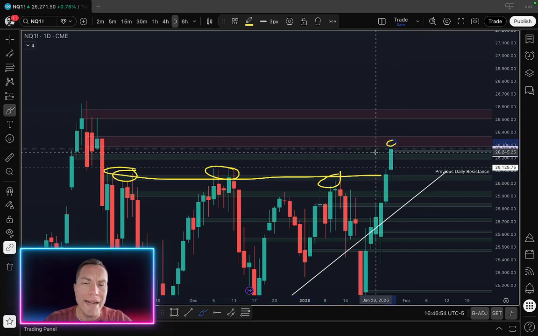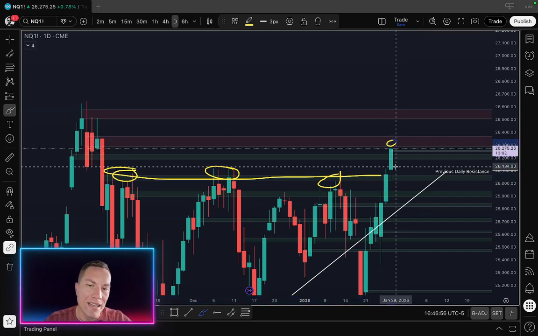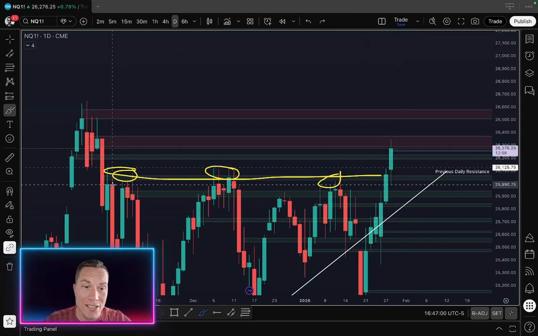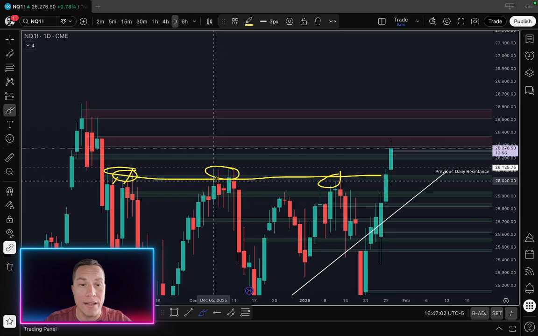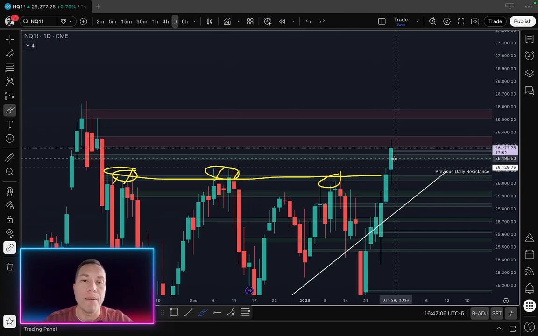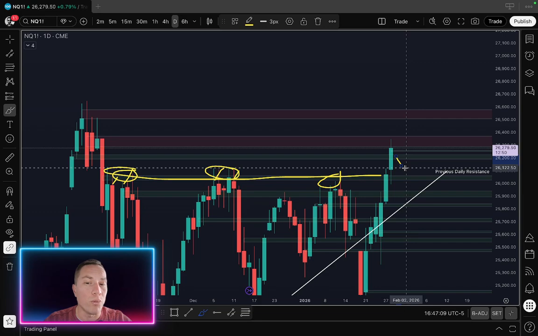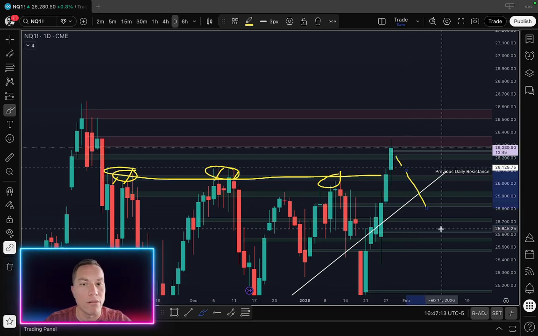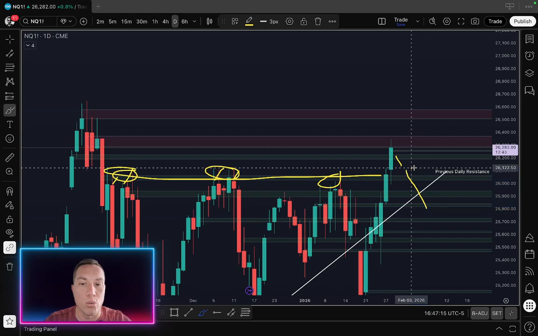And then we might try to come back and test that area once more. Knowing that we've had so much resistance up, we couldn't break through, and then we finally broke through here. My thought process is if we come down, we're probably not going to break down off of that. We're really going to find support since in the past we found resistance.